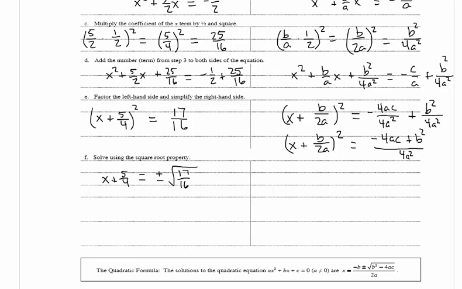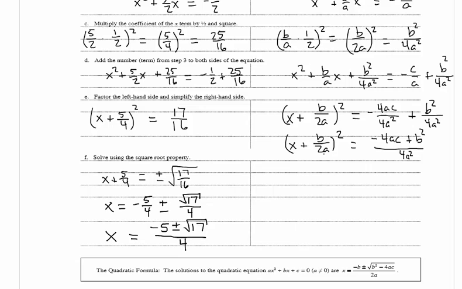And now we're going to subtract 5/4 from both sides, so I get x is equal to negative 5/4 plus or minus, and I can rewrite the square root of 17 over 16 as the square root of 17 over 4. And now because we have a common denominator, we can rewrite this one more time with one denominator. So we have x is equal to negative 5 plus or minus the square root of 17 divided by 4.